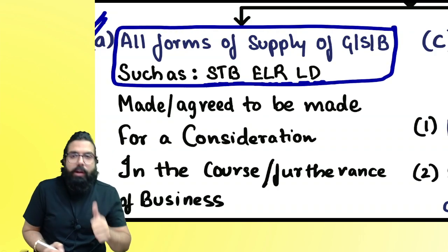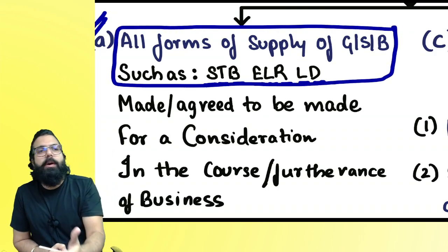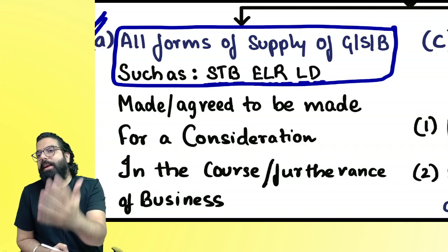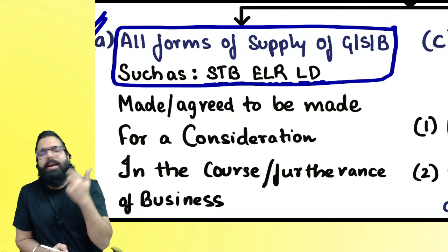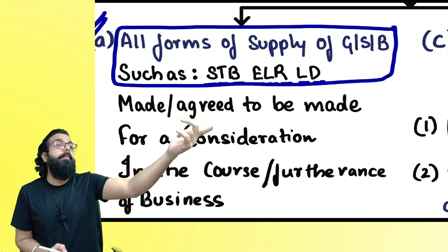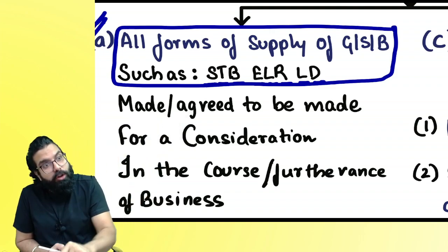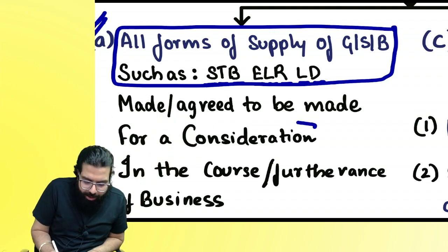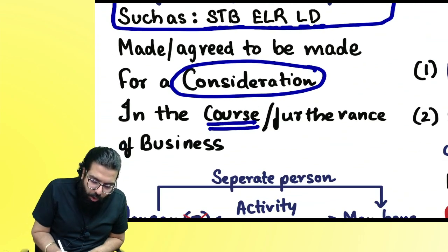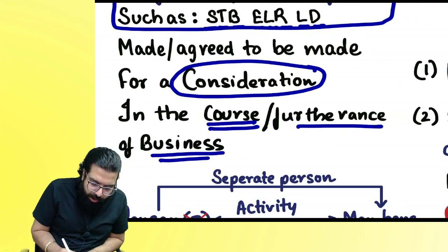You can call it sale, transfer, barter, exchange, lease, rental, license, disposal. Made or agreed to be made, means either you have done it or you have agreed to do it for a consideration, and it should be in the course or furtherance of your business.